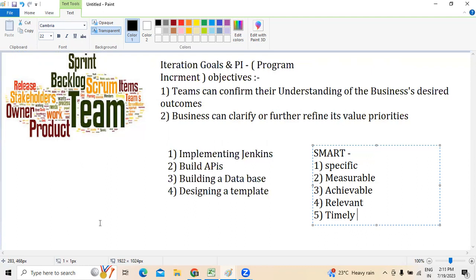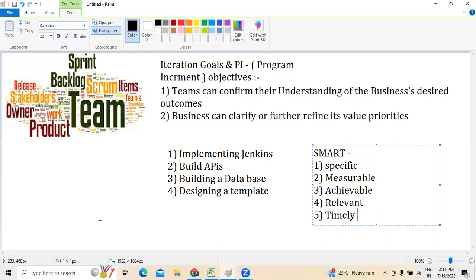Business value can be like reducing call times, increasing sales, increasing data efficiency, reducing loss from frauds. All these are examples of the components I discussed sometime back. So activity, scope, beneficiary, user value, business value: these are the major things we need to consider when we are writing down the iteration goals or PI objectives.